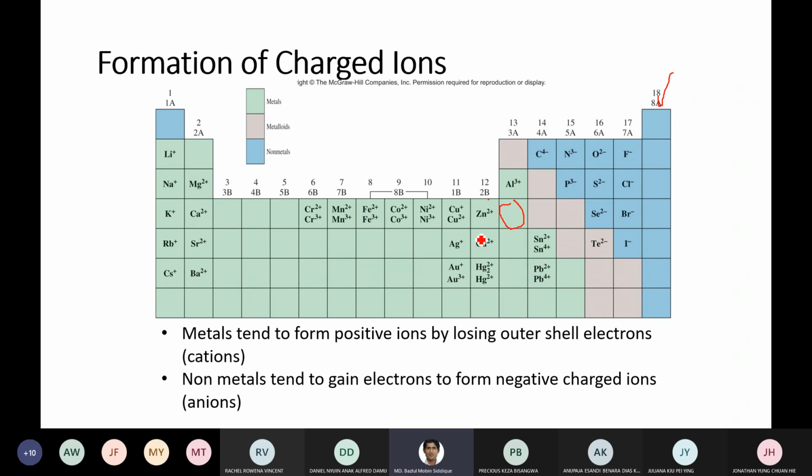So if we add an electron to them, from that excited state they will go to a much, much more stable state, and in that process they will release some energy. So it is called the electron affinity, how much they want to take that electron. Electron affinity is also supposed to be negative, but it is also shown as positive, because the negative sign is sometimes confused with instability, but actually, for electron affinity, the elements want to be stable.